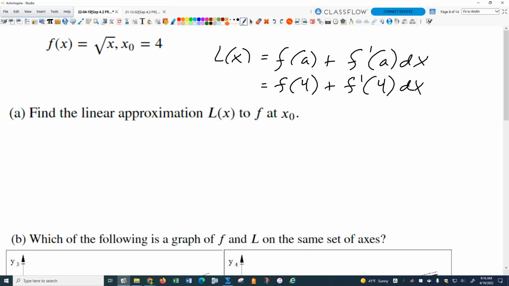So I guess we know what f of x is, so it's easy for us to calculate f of 4. That's 2. But we need to know what the derivative is, so we've got to calculate a derivative. What is the derivative of the square root of x? Just think of that as x to the 1/2, right?